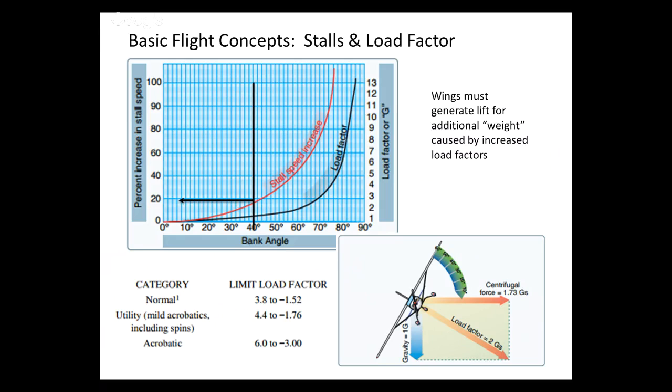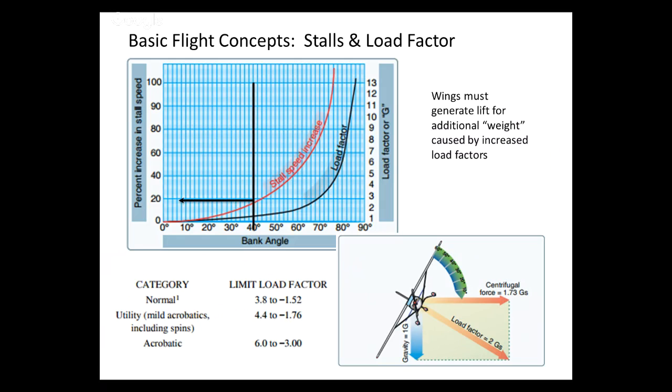Let's use that same example where you're going to climb your aircraft in straight and level flight, but let's say you put a 5,000-pound weight in the back seat. You try to climb that aircraft, it's going to be a lot more difficult to climb. Does that make sense? Yes.